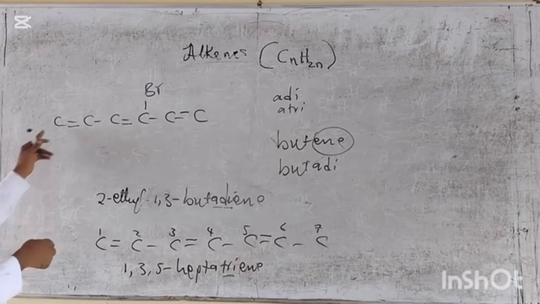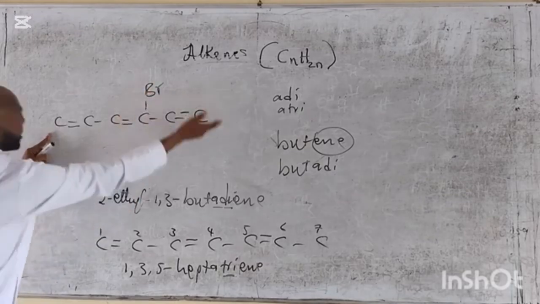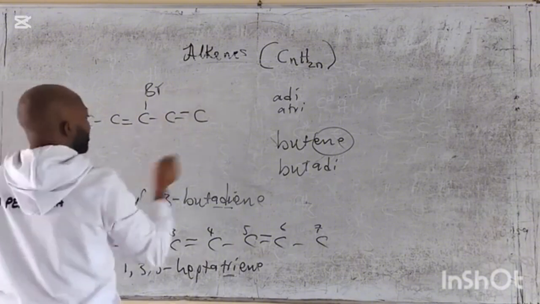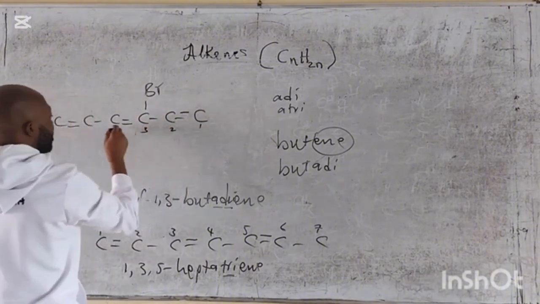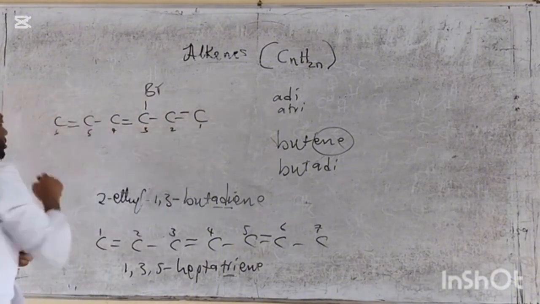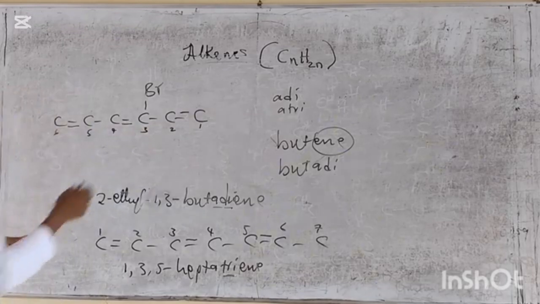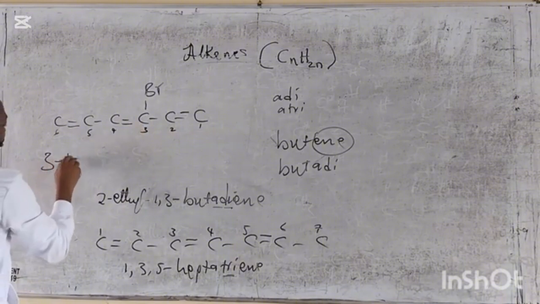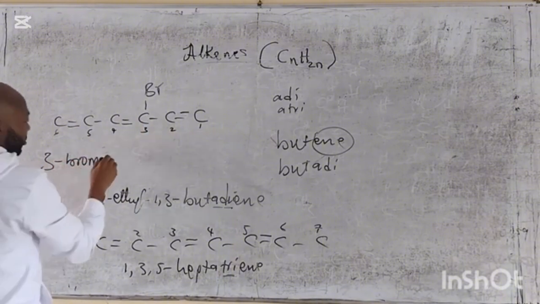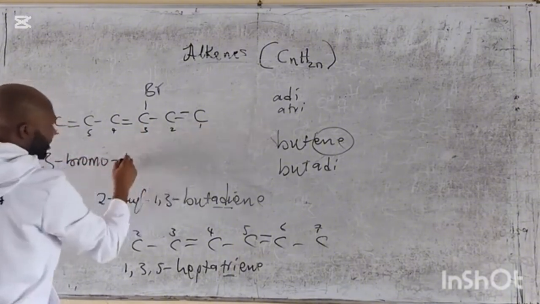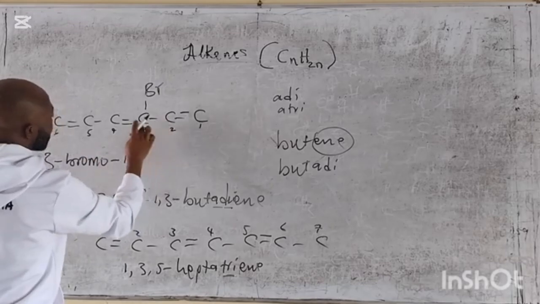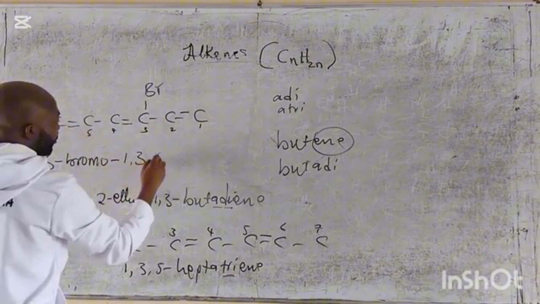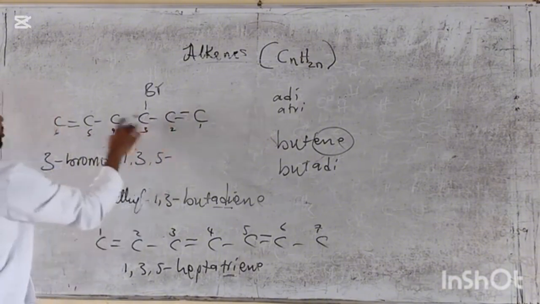Now, because the bromine is on this side, the numbering preference comes from here. So I now have this to be 1, 2, 3, 4, 5, and 6. Now, 3 bromo, 3 bromo, 1, 3, 5, 1, 2, 3, 4, 5, 6.